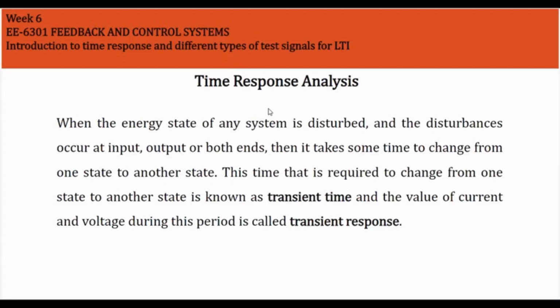Even though those disturbances and noises are unwanted, you need to take into consideration their signal value. If it is at the summing junction, even in the form of noise, you need to consider that and add it. So the value of current and voltage during that period is called the transient response.